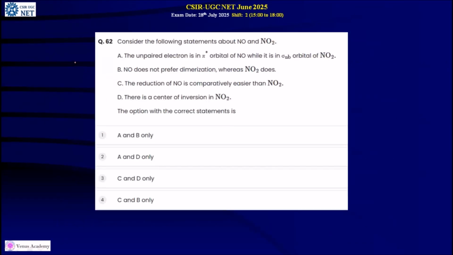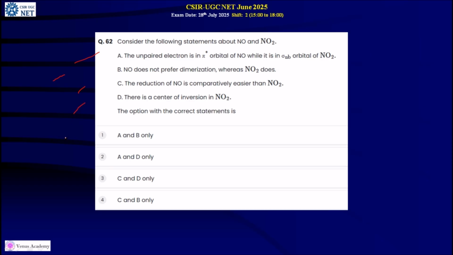Next, question number 62. Consider the following statements about NO and NO2. Statement A. The unpaired electron is in pi star orbital of NO while it is in sigma non-bonding orbital of NO2. Statement B. NO does not prefer dimerization whereas NO2 does. Statement C. The reactivity of NO is comparatively easier than NO2.